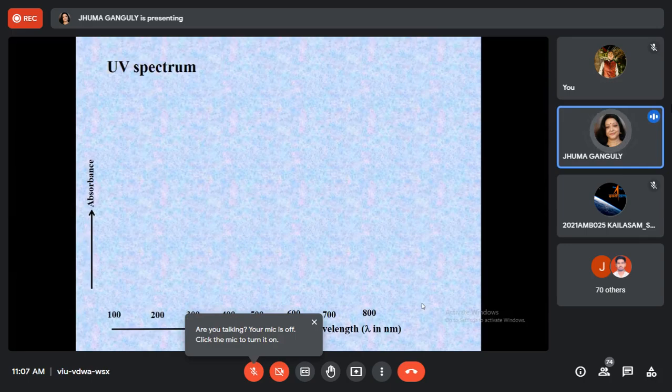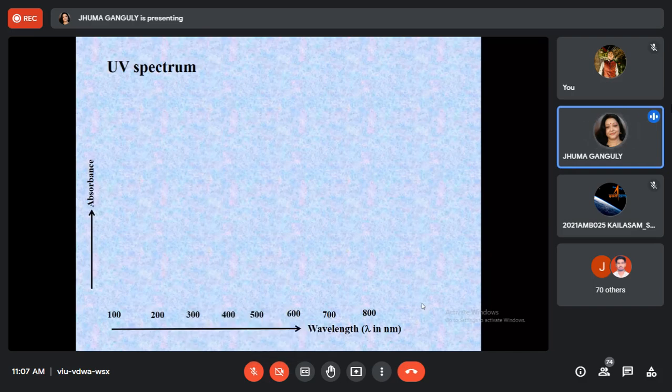So it includes the UV region including visible, and that is the modern trend to scan the molecule within this wavelength, lambda in nanometer. In the UV-visible spectrum, the x-axis is wavelength, lambda in nanometer, and the intensity of absorbance is on the y-axis.